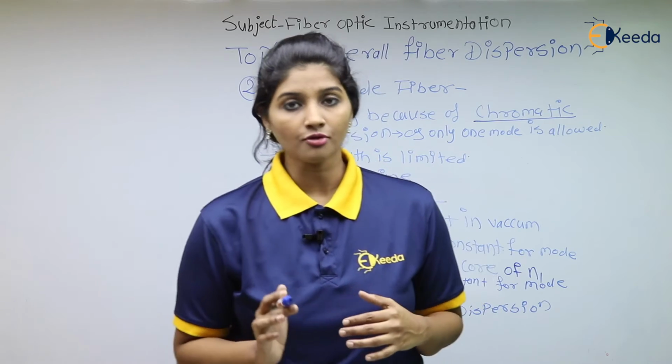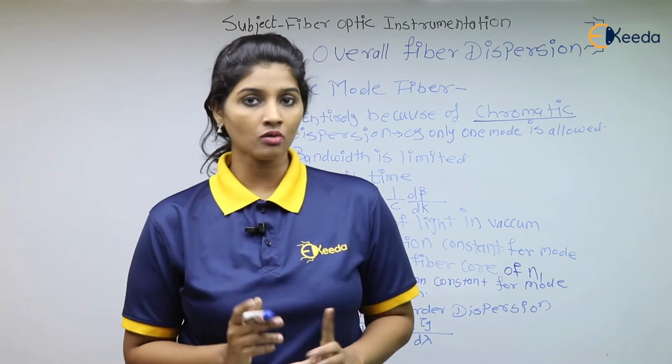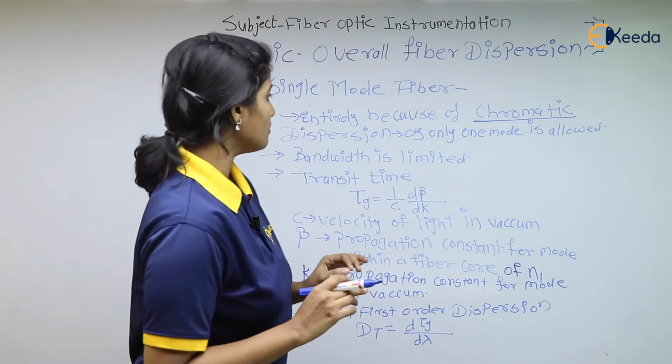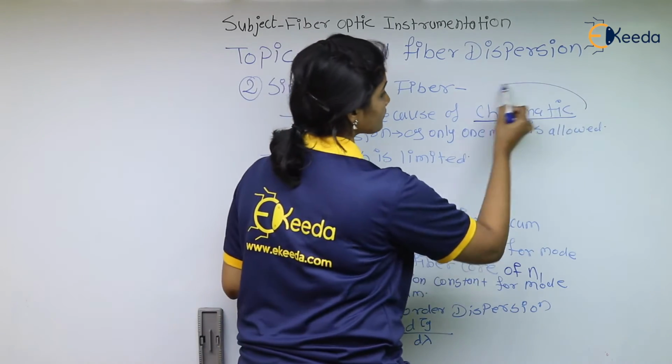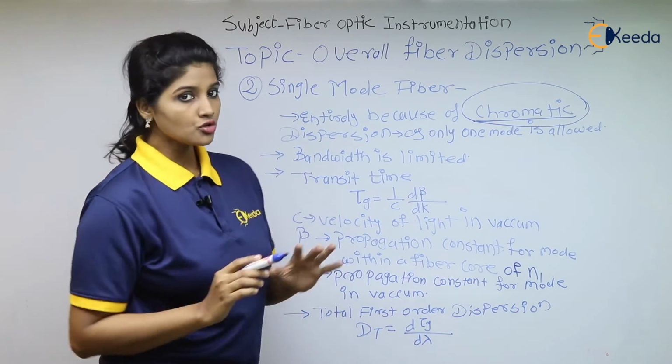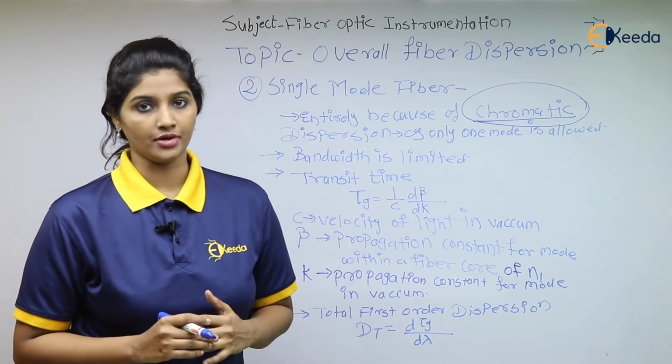But in case of single mode fiber, as only one mode is allowed, the broadening of pulse depends only on the chromatic dispersion. Because of this the bandwidth gets limited.